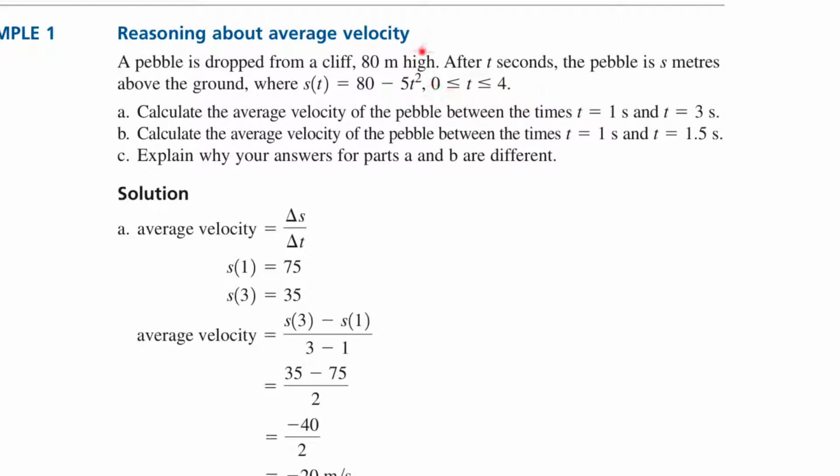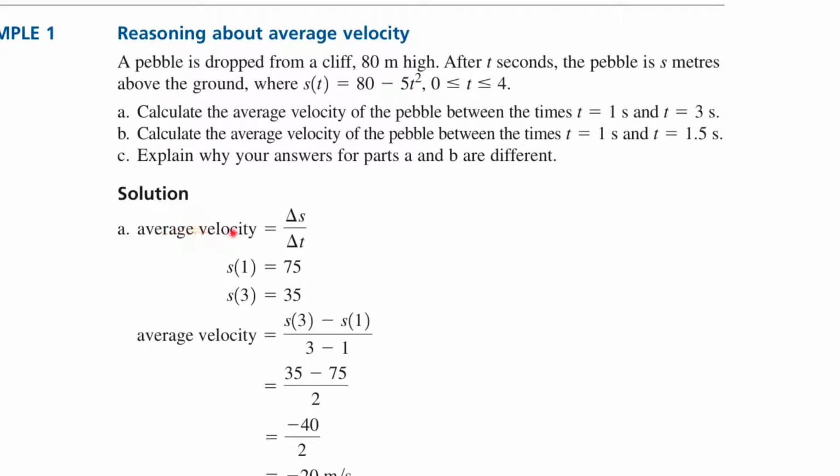When t is 0, it is 80 meters above the ground, and when t is 4, it is on the surface of the ground. The question is, in parts A and B, calculate the average velocity of the pebble when t is between 1 and 3, or t is between 1 and 1.5. And in part C, explain why your answers for parts A and B are different.